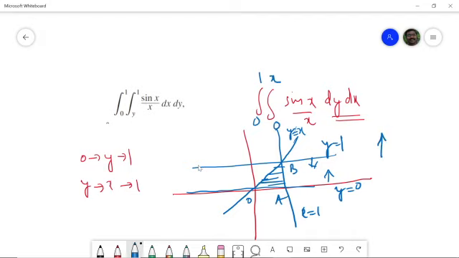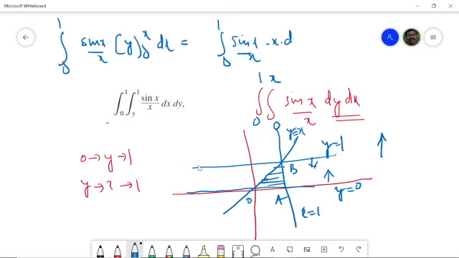Now if you evaluate this, sin x by x is a constant with respect to y, so integral 0 to 1 sin x by x into y in the limit 0 to x dx, that is integral 0 to 1 sin x by x into x dx, which is nothing but integral 0 to 1 sin x dx, which is minus cos x in the limits 0 to 1. So we get minus cos 1 plus cos 0, that is 1 minus cos 1.